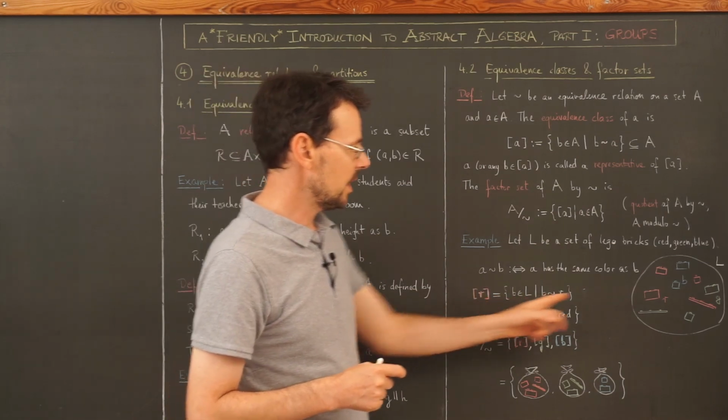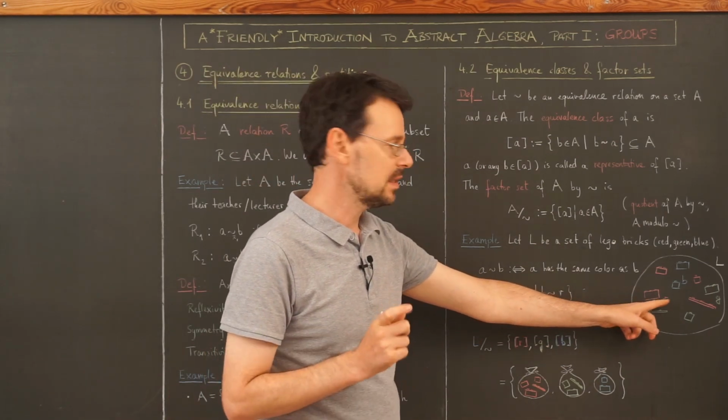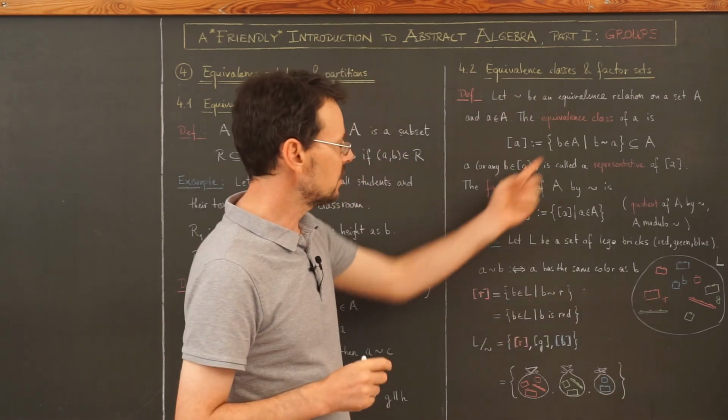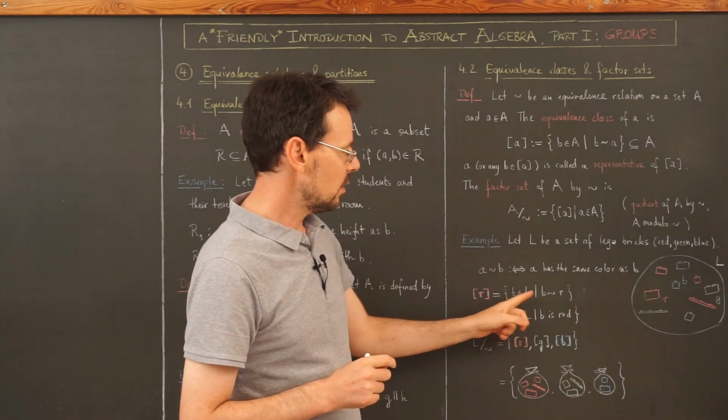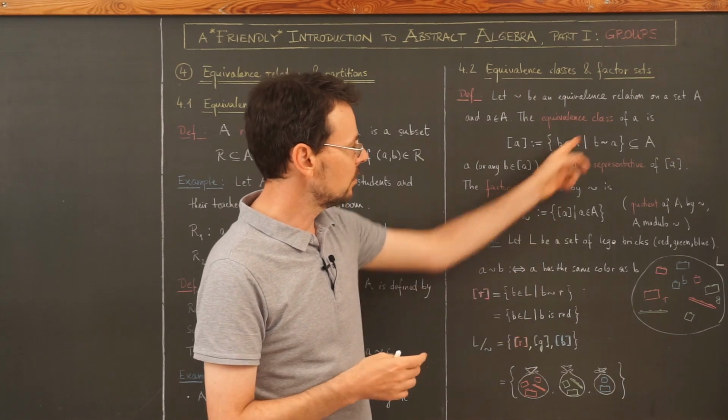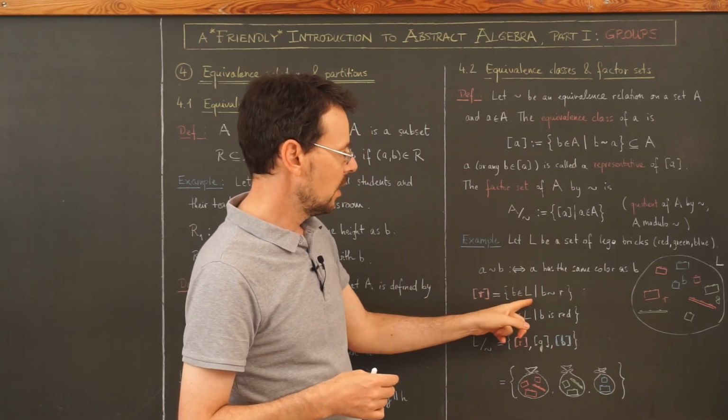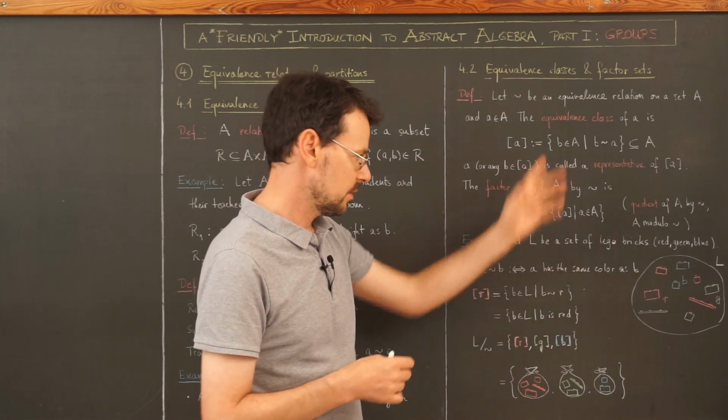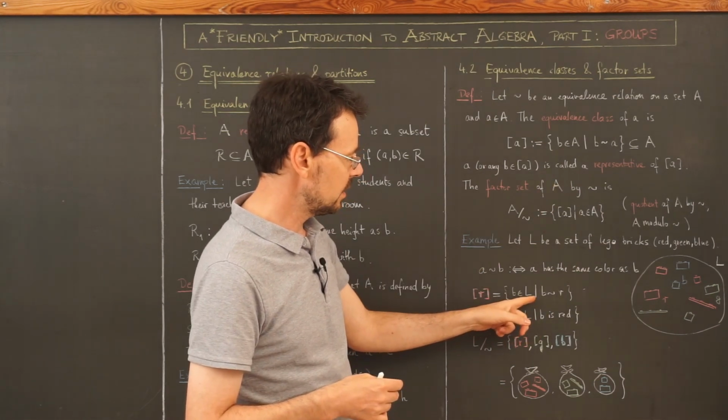And now we take a look at the equivalence class of this Lego brick here. This is defined as taking all the elements. Here I write L for Lego, not A, but that shouldn't be a problem. Could also call it A, the set.